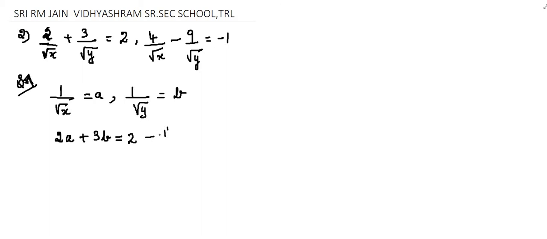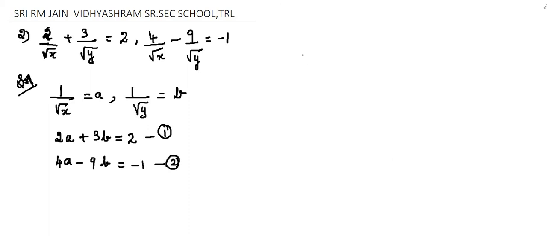This is my first equation. And in that 4 by root x, that is 1 by root x, becomes a. So 4a minus 9 by root y, 9b, is equal to minus 1. This is my second equation.